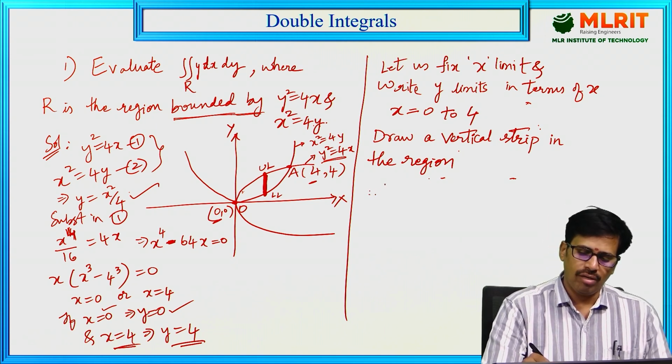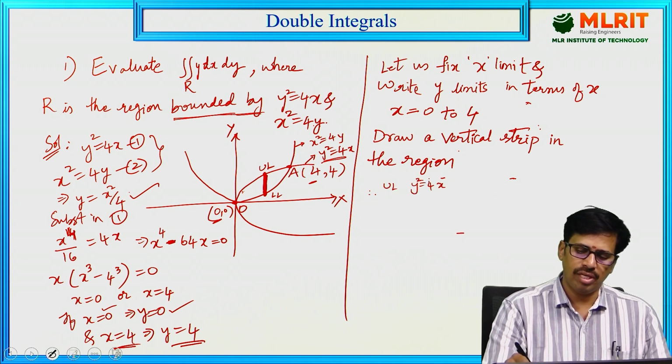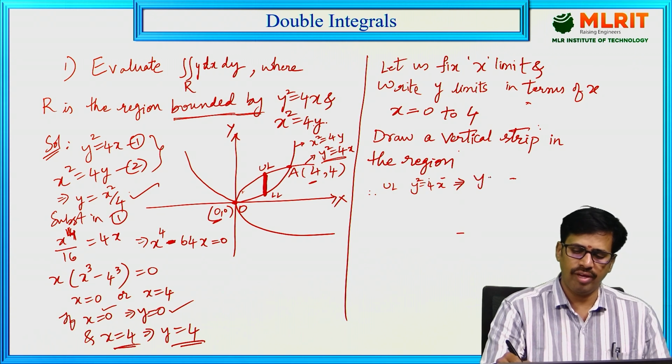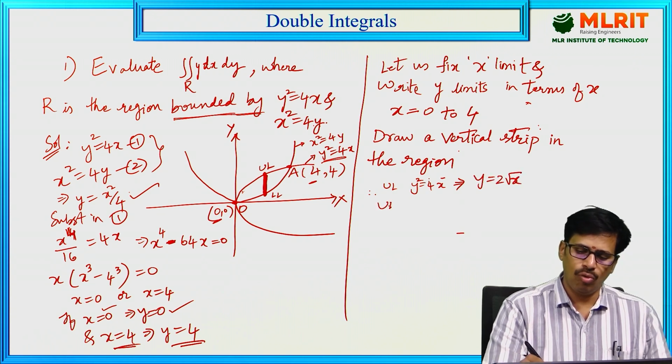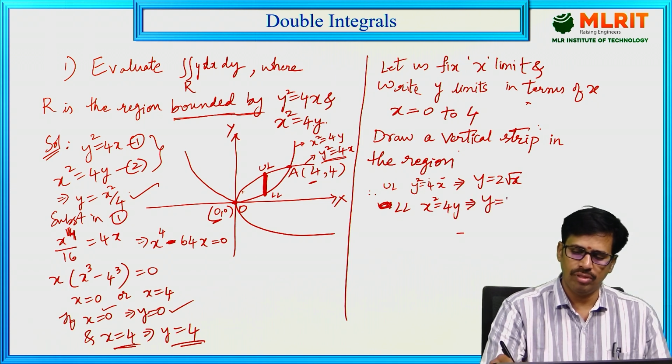Here the upper limit will be from y square equal to 4x. From this I want the y value. So what is y here? 2 root x. What is the lower limit? x square equal to 4y. From this, what is the y value? x square by 4.